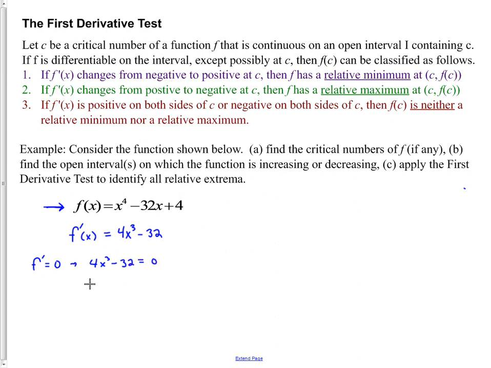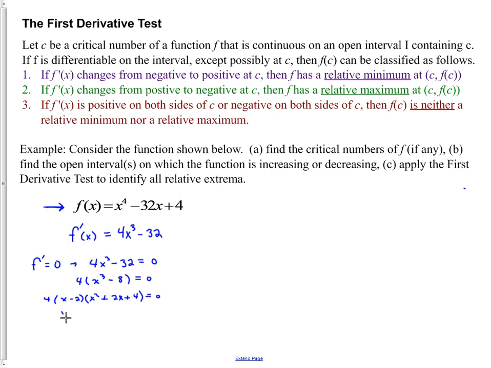We can find this point by factoring. 4 is multiplied by x cubed minus 8, and then 4 is multiplied by the quantity x minus 2 times x squared plus 2x plus 4. Remember factoring the difference of two cubes; it applies here.